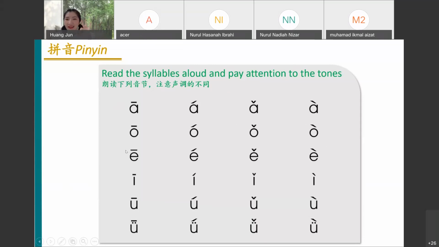Then group 3, still the same. Listen to me first. Good. Then we repeat again. You have to read it in a loud voice so you can remember it.